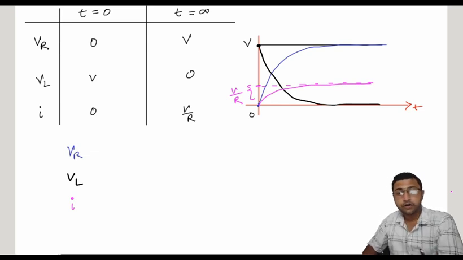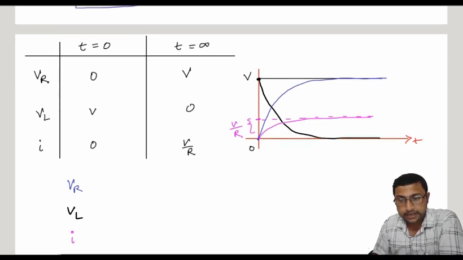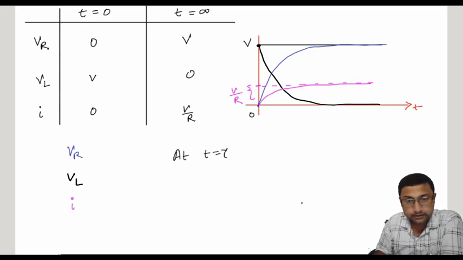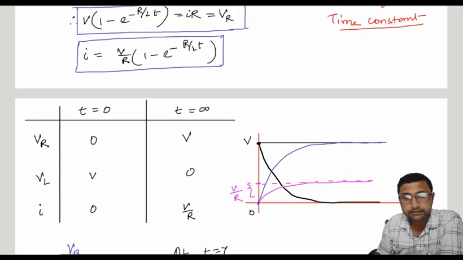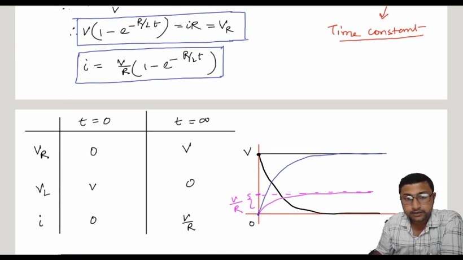If we consider t equal to tau, at that moment, what can we write? If we put t equal to tau in the expression of current, where tau means L by R, then we get R by L into L by R, so e to the power minus 1, that means 1 by e.